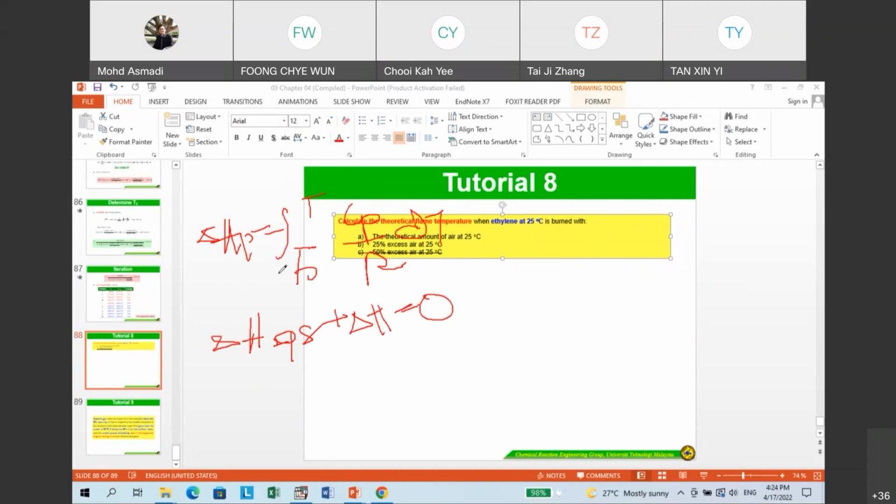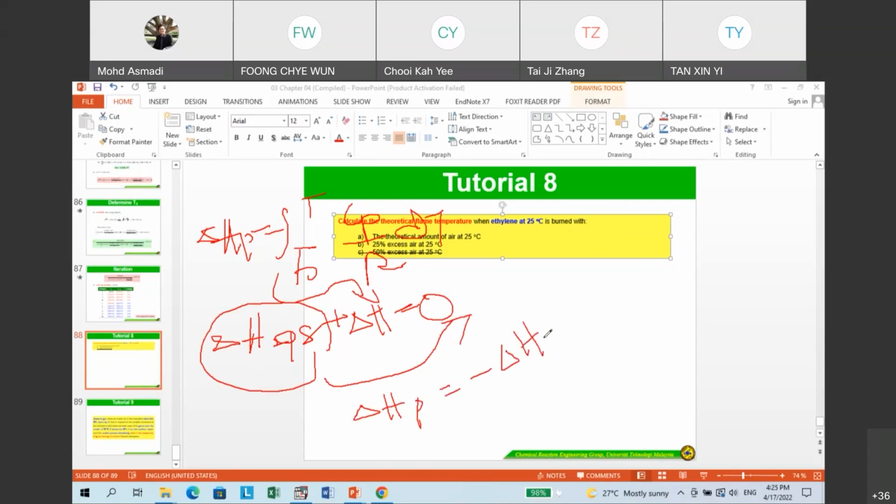So just substitute this into here. What I did is I brought this one over here. Because we know the value of delta H298, since you calculated it at the standard condition, your equation becomes delta H equal to negative delta H298.